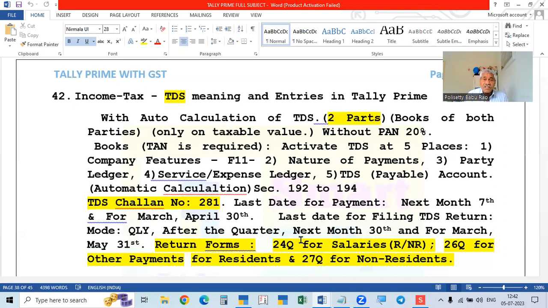In such a case, from that amount, as per the Income Tax Act, a certain percentage is to be deducted and paid to the government, and the other person will get credit for that. When he pays income tax at the end of the year, that amount will be adjusted in his income tax payable.